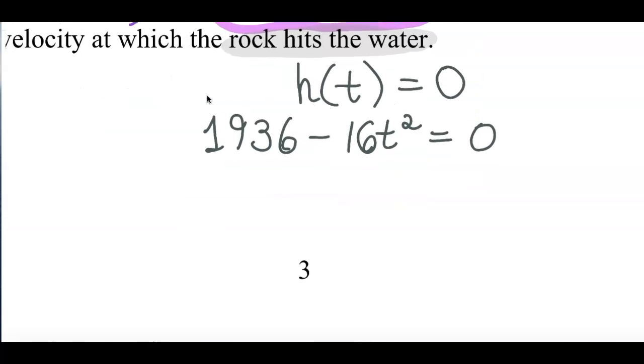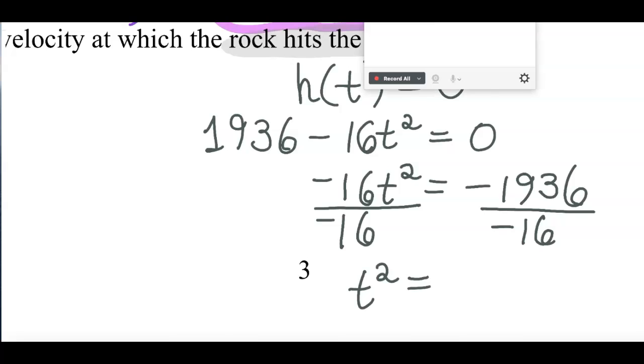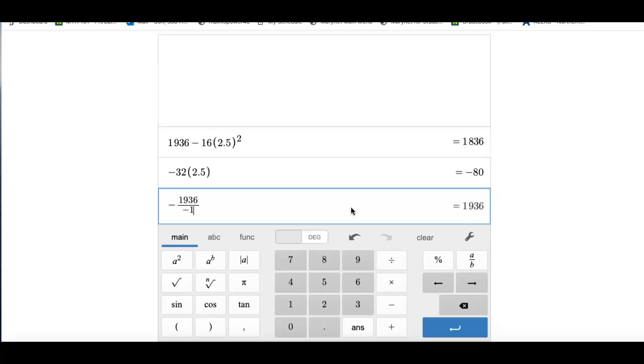So first, I'll subtract 1936 from both sides, and I'll get negative 16t squared equals negative 1936. I'm going to divide both sides by negative 16, and I'll get t squared equals negative 1936 divided by negative 16, which equals 121.